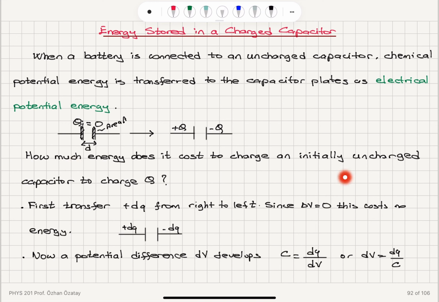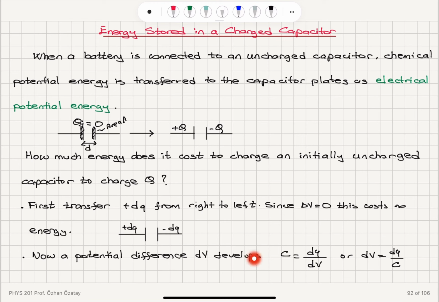How much energy does it cost to transfer a charge Q to a plate that is uncharged? So if we go from Q initial equals 0 to plus dq and minus dq on the two sides, that is to say we have transferred a charge, electrons, from this side to this side, which is equivalent to saying we're having charges being transferred from the battery or to the battery.